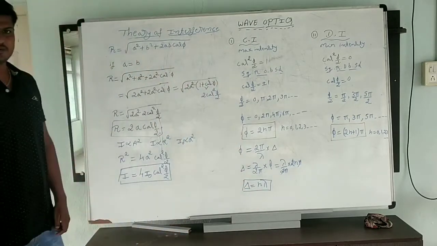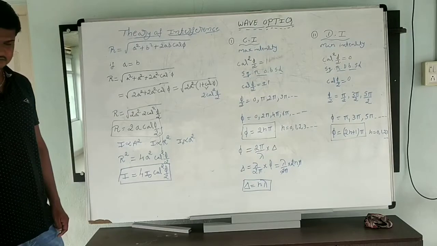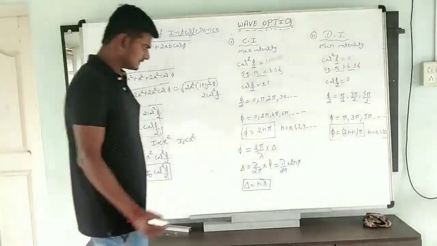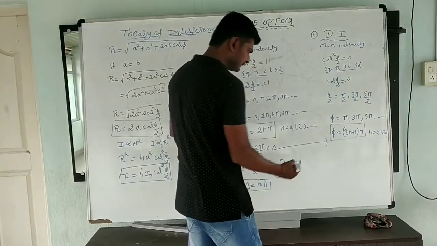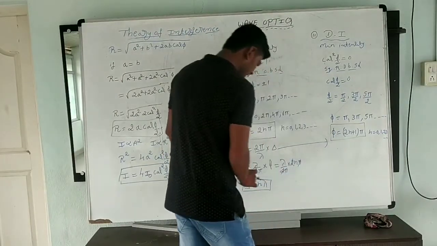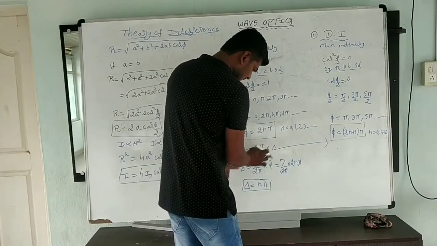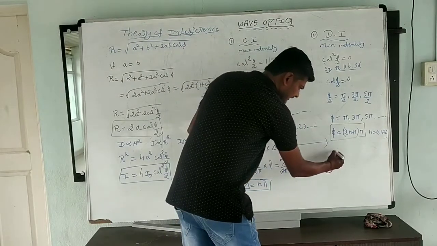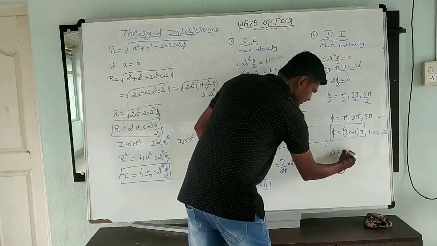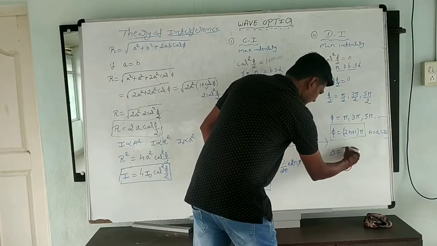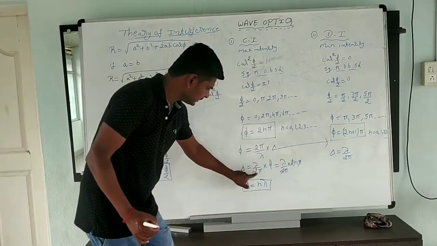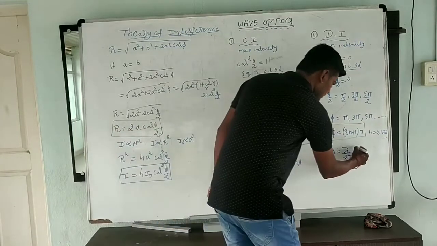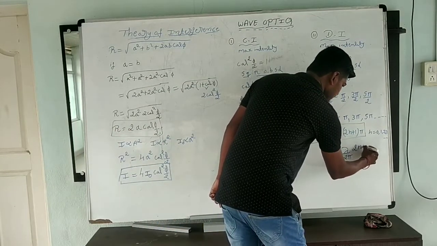This is the condition for path difference. Again, here also we have to write the condition for path difference. We can take the same formula. The path difference delta is equal to lambda by 2 pi into the phase difference, which is 2n plus 1 into pi.